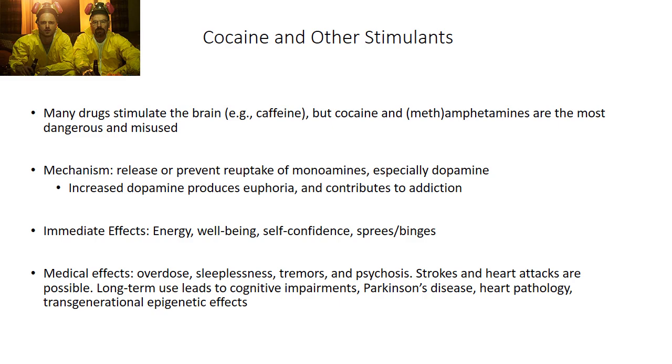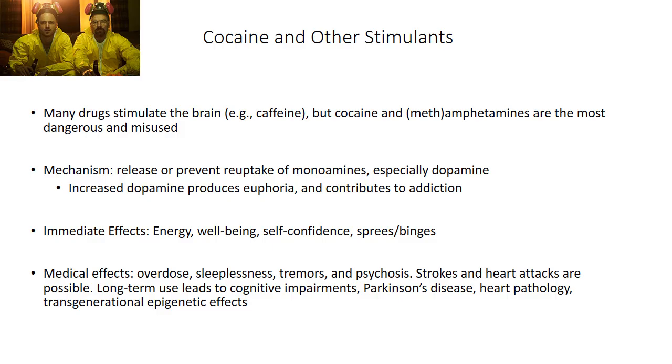Most stimulants are going to have the mechanism of either releasing or preventing uptake of monoamines, particularly dopamine. Right? So you get more dopamine, which produces euphoria, and can also contribute to addiction, which we'll talk about in the next video.